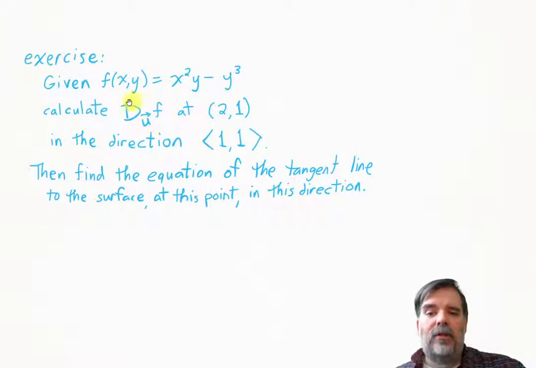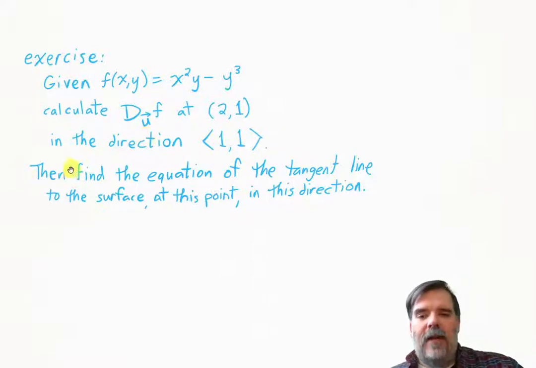Calculate the directional derivative of this function at the point (2, 1) in the direction (1, 1). And remember, you need to convert this direction to a unit vector. Once you have that value, find the equation of the tangent line to this surface at this point in this direction. That'll use the directional derivative that you previously calculated.